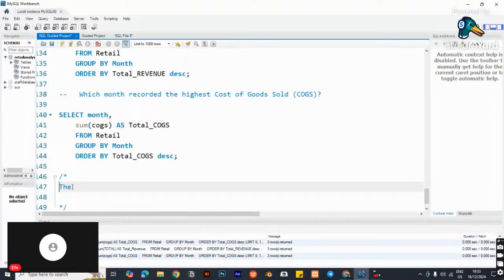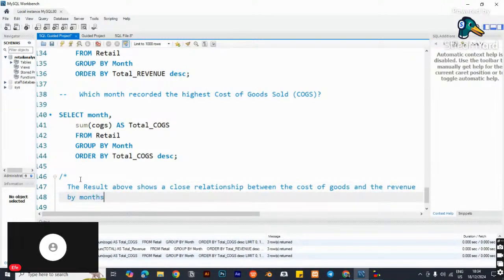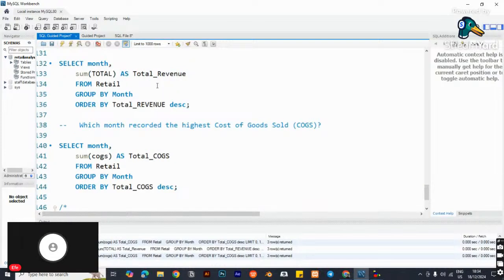So you can say, so the results above, all right, shows a close relationship, right, between the costs of goods, okay, and the revenue by months.